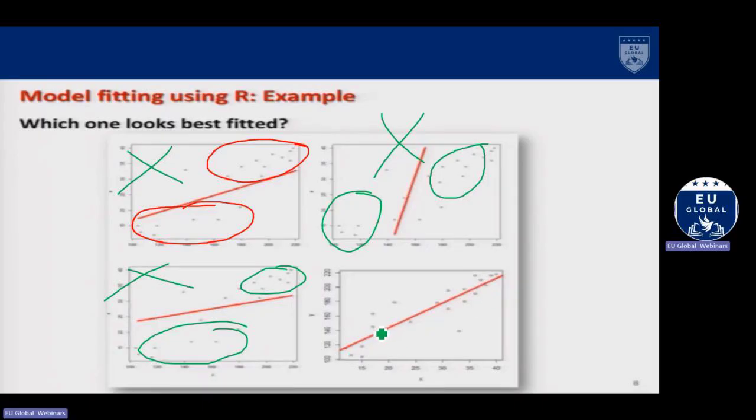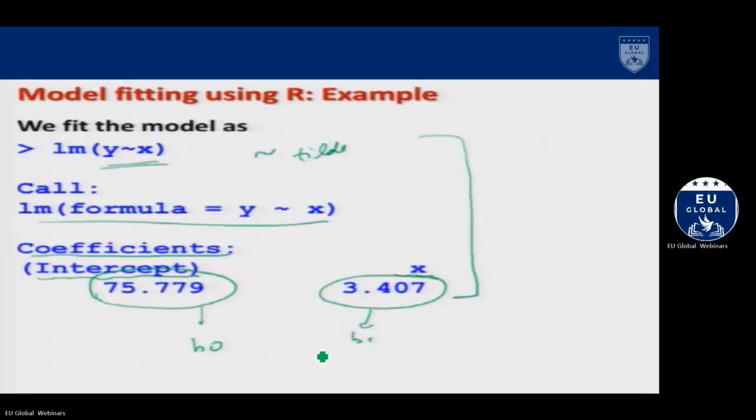So the difference between the observed value and the fitted value will be minimum, which is the aim of the ordinary least squares method. The sum of squares of the differences between the fitted line and the observed points should be minimum. Therefore, this is considered the best fitted graph for your model.